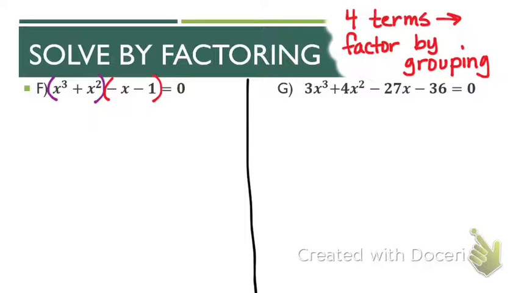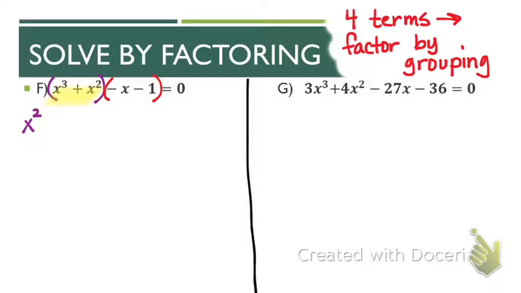And I'm taking out the GCF from each group. That's factor by grouping. If I look only at the first group, what would be the GCF of those 2 terms? We can divide both of those by x squared. The greatest common factor is x squared.